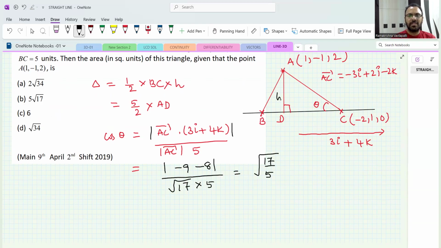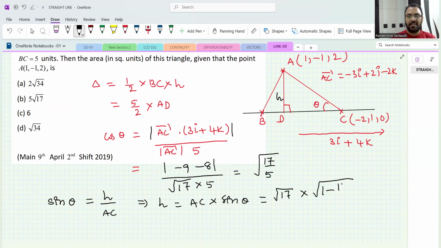I want this h. So from this, what is sine theta? Sine theta is equal to h by AC. So therefore, h is equal to AC into sine theta. Magnitude of AC vector is root over 17. And sine theta is nothing but root over 1 minus cos square theta. That is 1 minus 17 over 25.